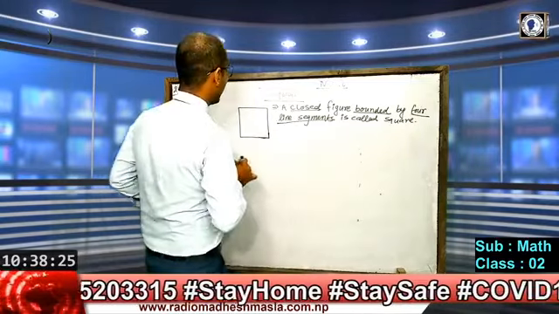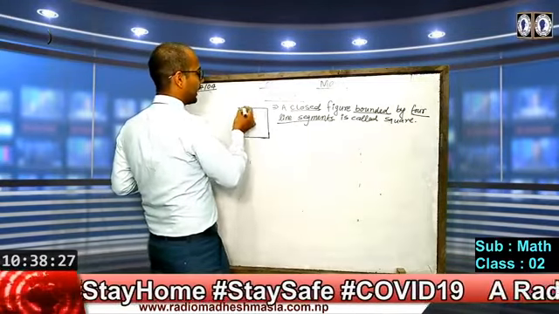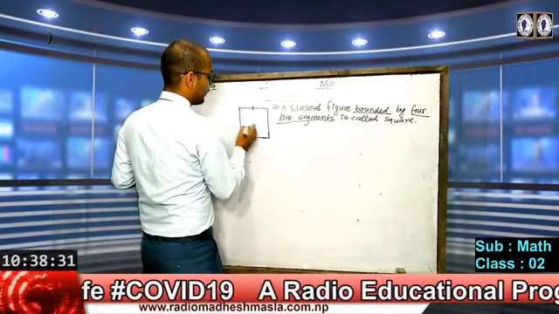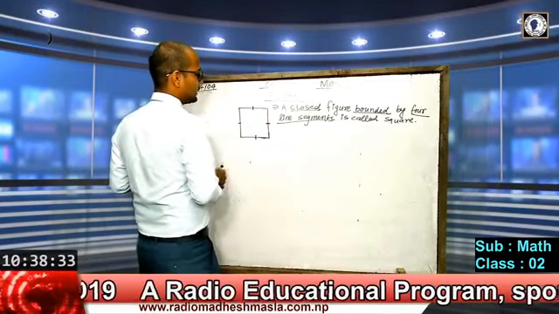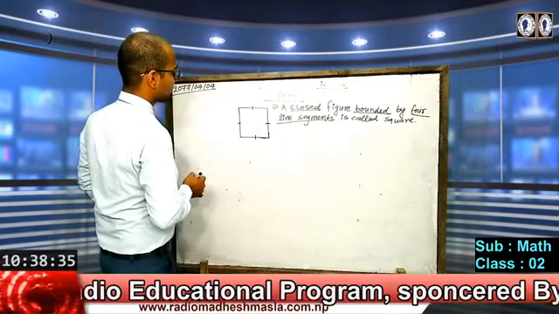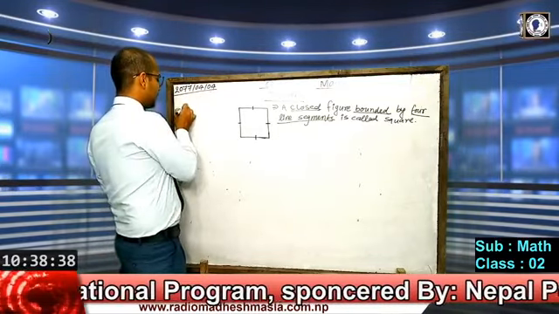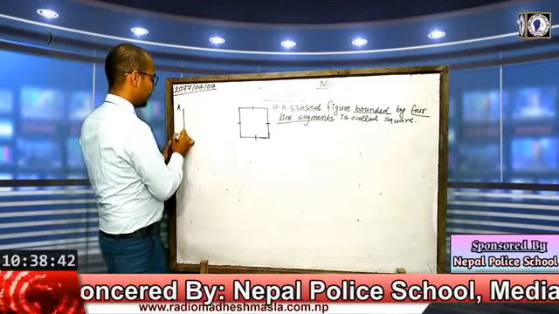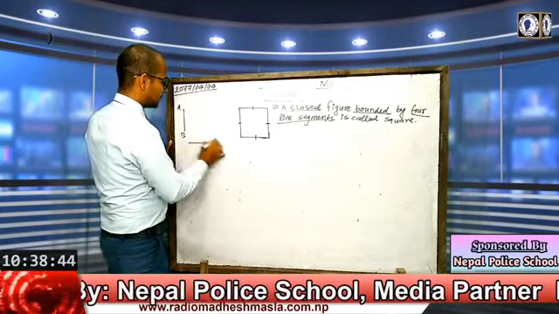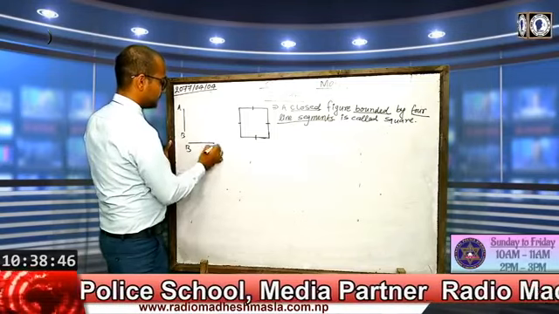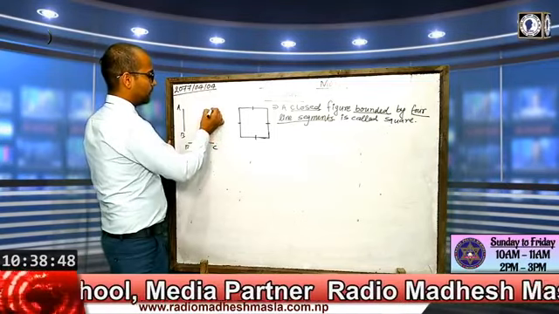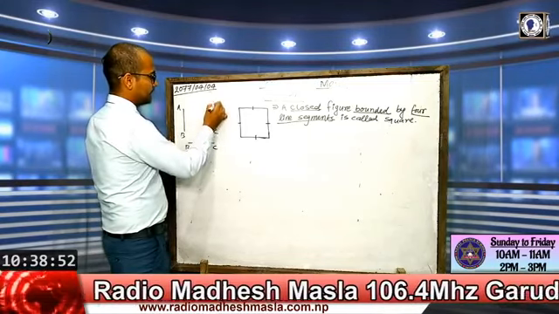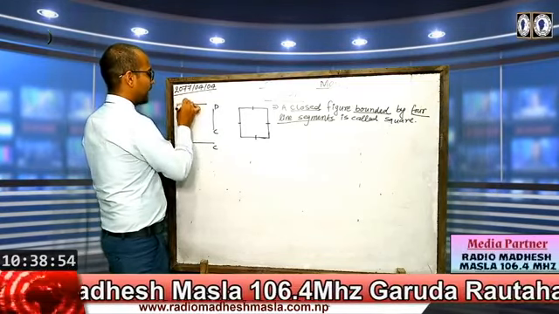The figure that I have drawn here is drawn by 4 line segments. Suppose we have 4 line segments named AB, BC, CD, and AD.